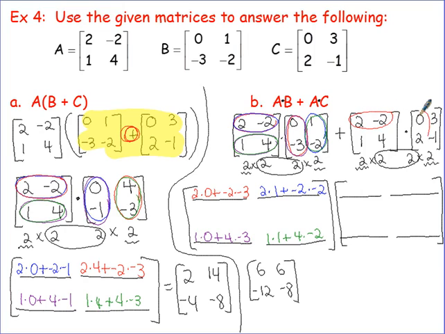Top, left. 2 times 0 plus negative 2 times 2. Next color, top, right. 2 times 3 plus negative 2 times negative 1.